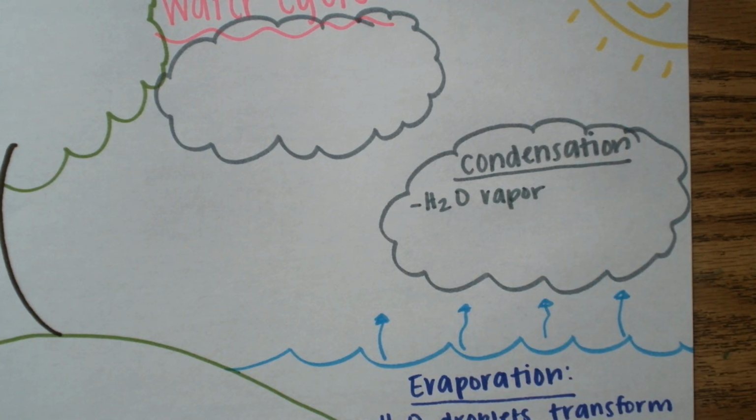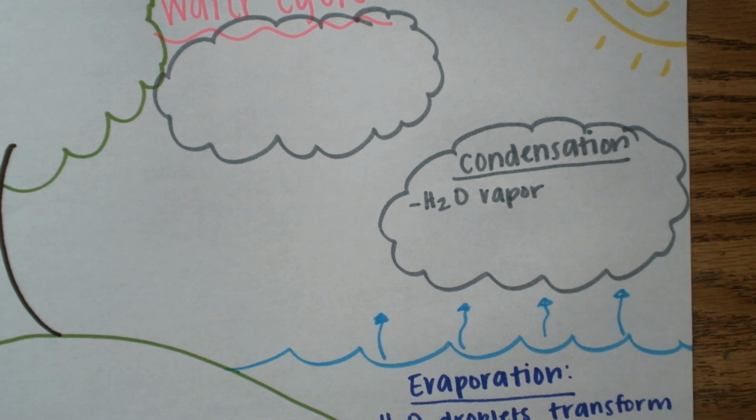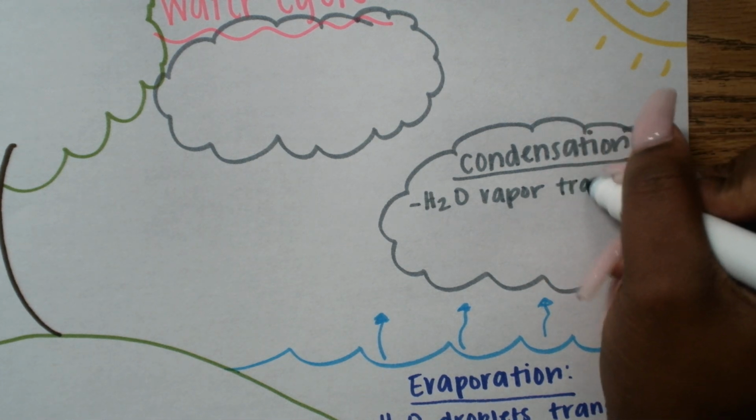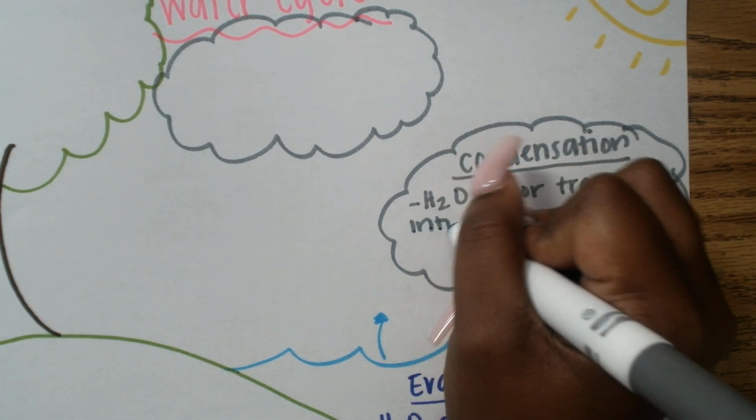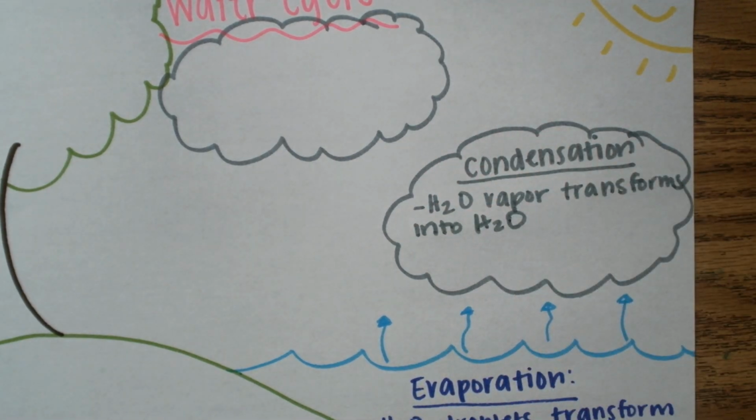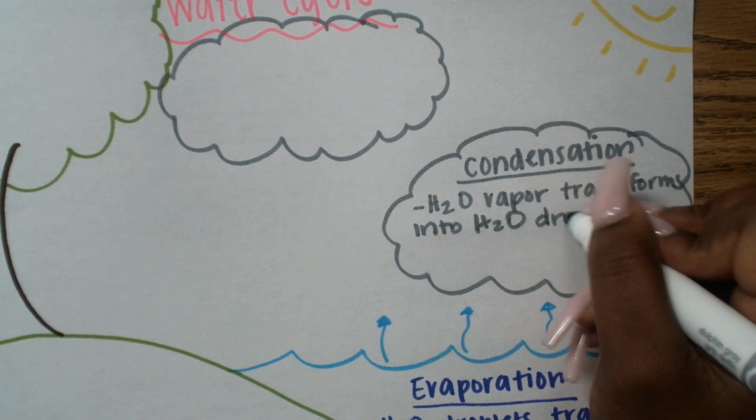Why can't liquid rise? I'm looking for a vocab word here. Daniel? Density. Thank you, because of the density. Sorry, I got excited. H2O vapor transforms, because we know what that word means, into H2O. What did we notice at our investigation earlier? The H2O vapor turned back into H2O what? Water. So just water droplets.